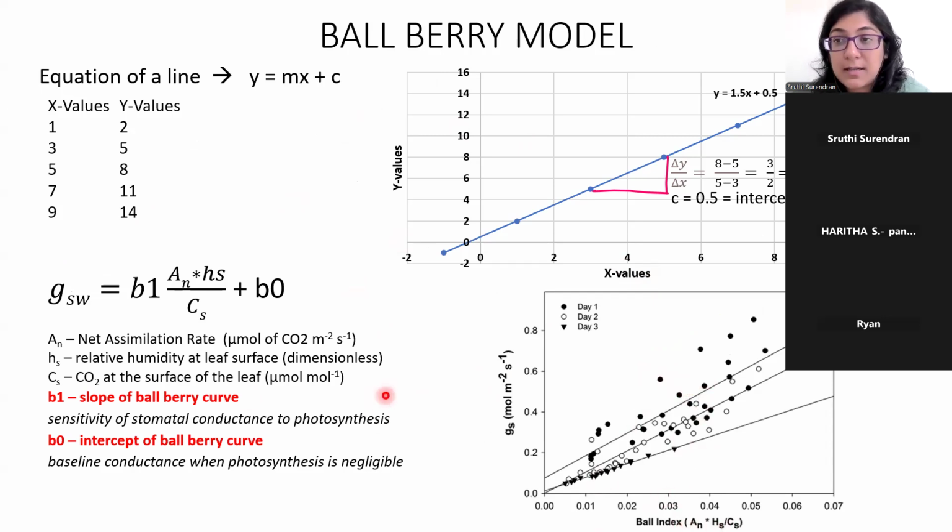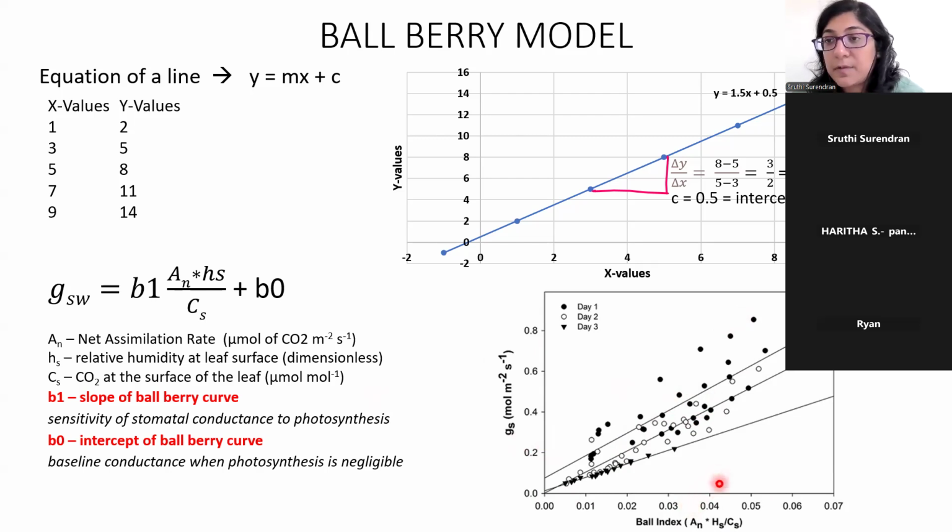So this is the sensitivity of stomatal conductance to photosynthesis. Basically, with an increase in photosynthesis, at what rate will the stomatal conductance increase?